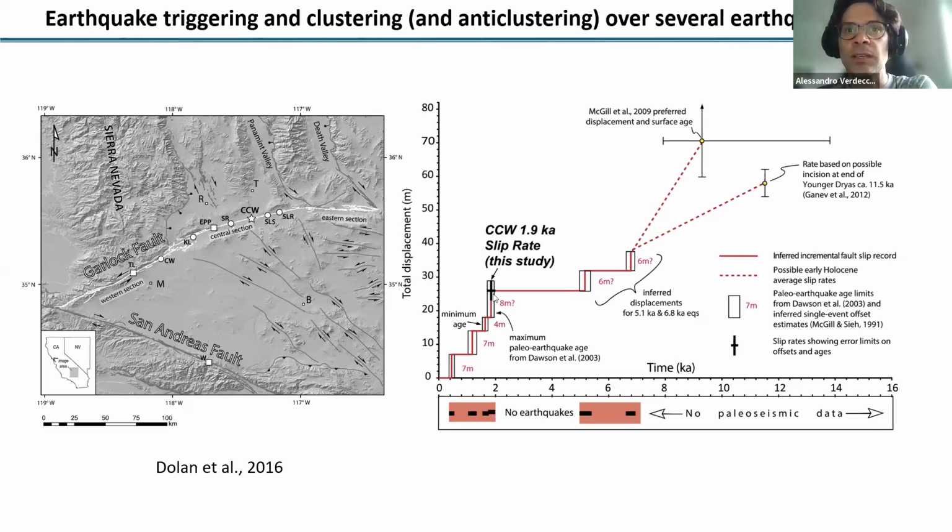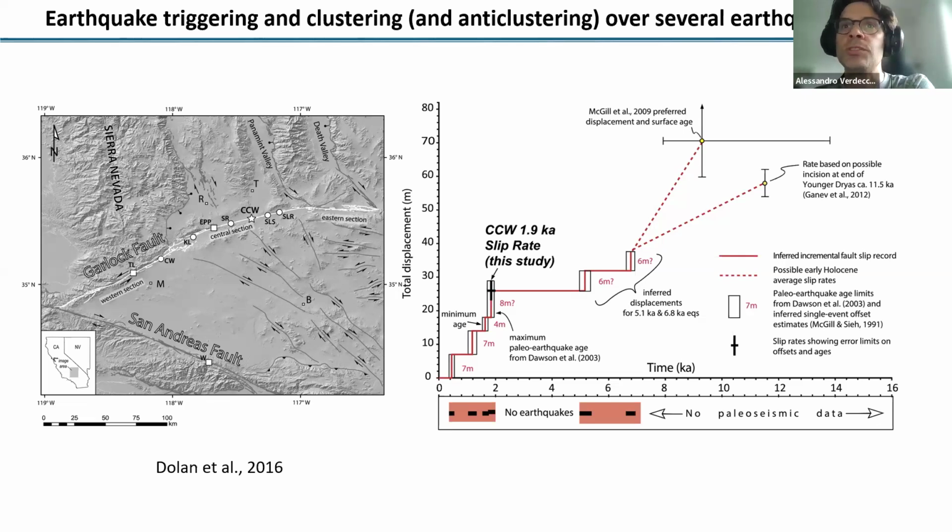There were several events occurring in a very recent time, which means if we consider these events and calculate the slip rate only based on them, we will have a pretty high slip rate. And then two events occurred between 4 and 6 and 6 and 8,000 years ago. So if we only consider those two events and calculate slip rates only on them, we have completely different and lower slip rates.